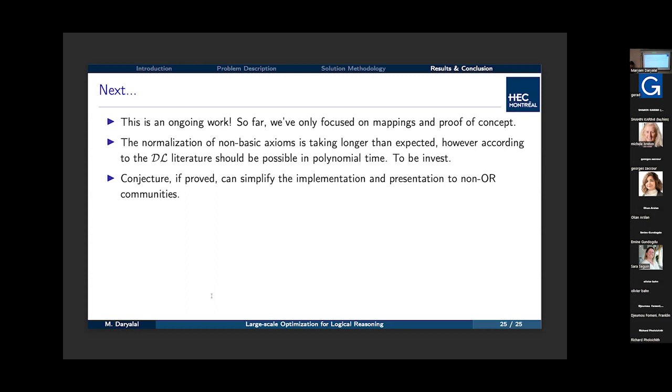For us, the bottleneck so far is the normalization of those non-basic axioms, which is taking longer than we want, but technically it shouldn't take long. So we should find out what's going on. And the conjecture, because if we prove it, then it would simplify the implementation for the future and also the presentation to non-OR communities.